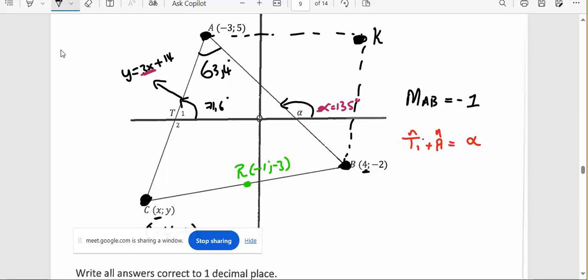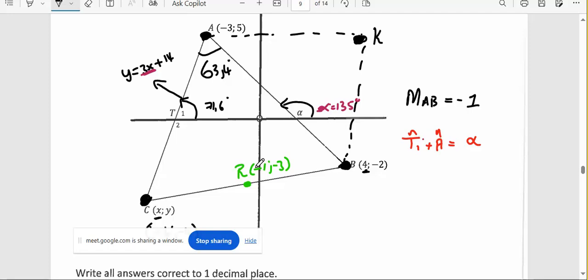Okay, I'm not sure the best way to do this one, but I think it's best if we say that if R is the midpoint, R will also be the midpoint of what?